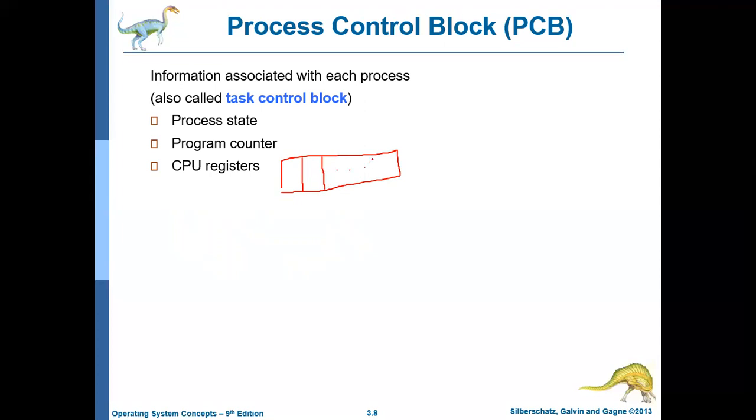Say there is an array with k locations, and the starting address is 3500. Then the base pointer will hold the value 3500.